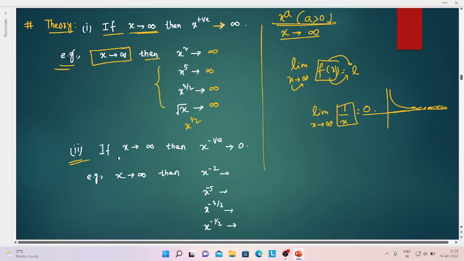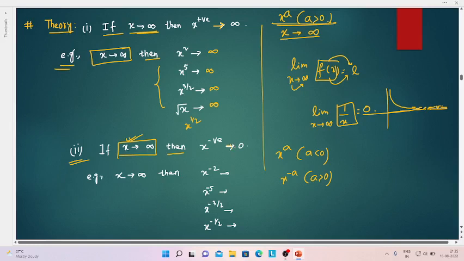The second theorem says, if x tends to infinity, then x to the power a, where a is less than 0, or x to the power minus a, where a is greater than 0, will tend towards 0, right?